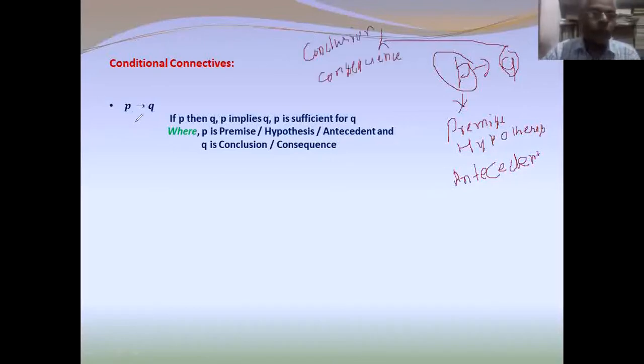So each proposition is known by a different name. The left one is known as premise, hypothesis, or antecedent, and the right one is known as conclusion or consequent.